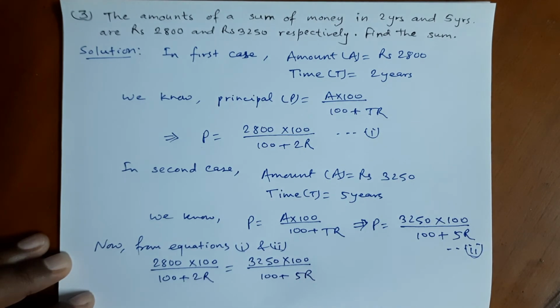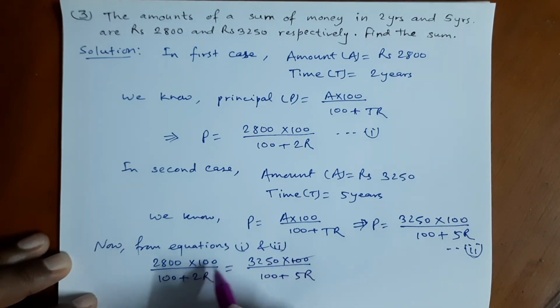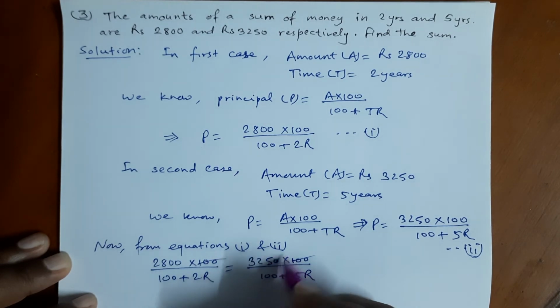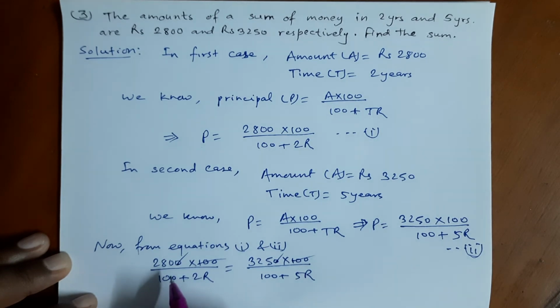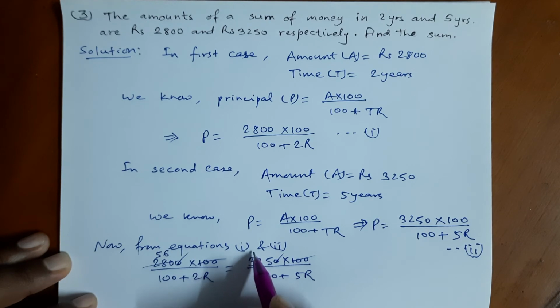We can write it this way. Now the 100 on both sides can be cancelled, and the 0 and 0 can also be cancelled on both sides. Now 5 can cancel here: 5 5s are 25, remainder 3, 5 6s are 30. This can also be cancelled: 5 6s are 30, remainder 2, 5 5s are 25. This can be cancelled.